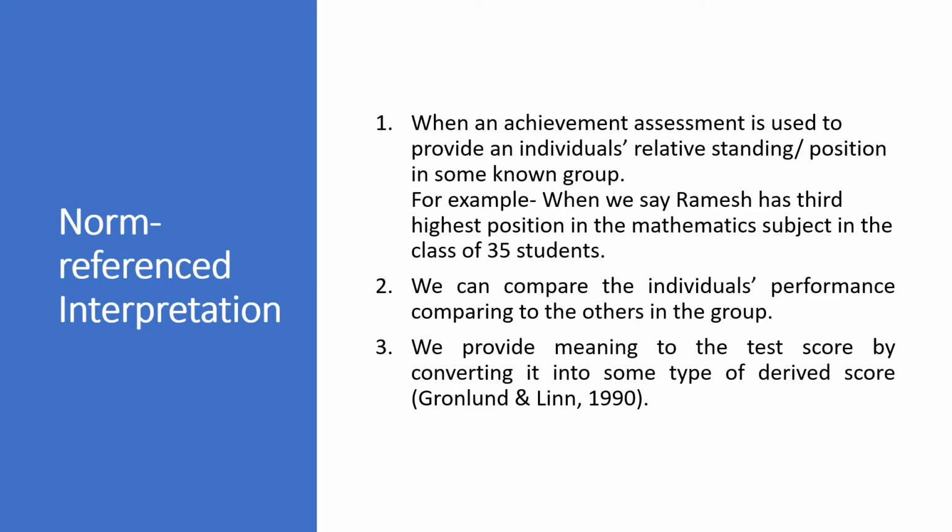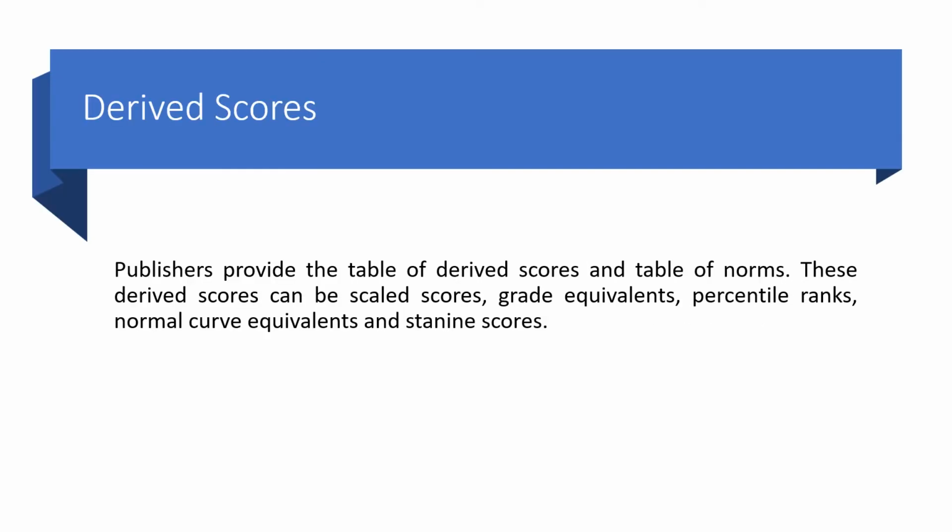Now, what does it mean by derived score? Derived scores: the interpretation and comparisons made with a standardized test or any published test require that the raw scores be converted to some type of derived score.